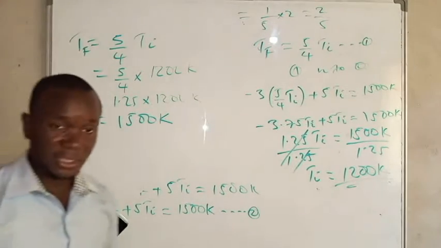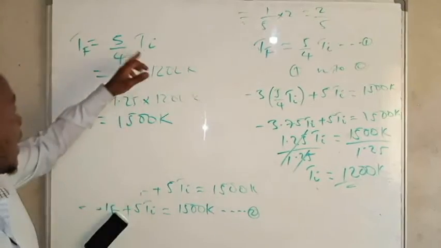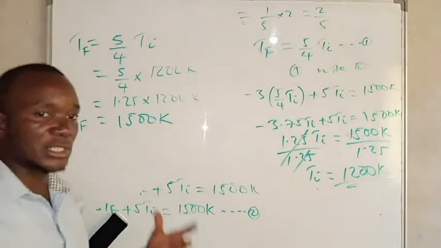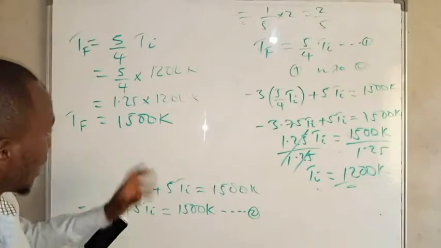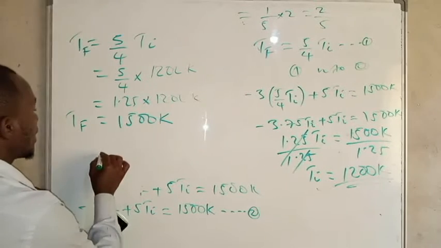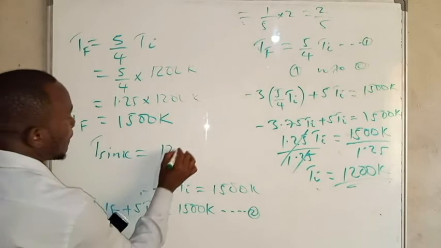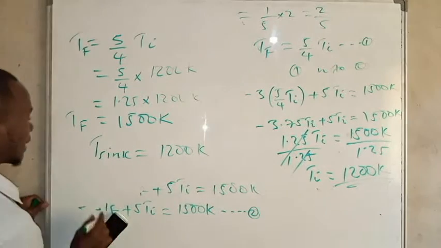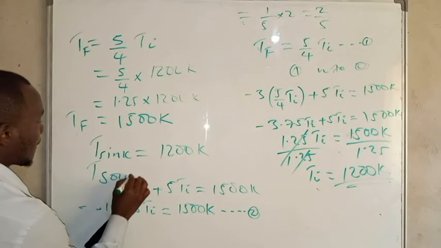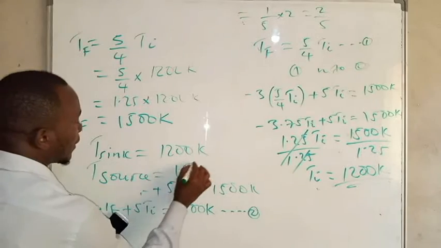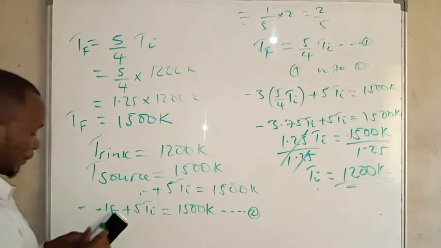From the assumption we made at first, Ti and Tf represent the temperature of the sink and the source respectively. So the T sink is equal to 1200 K, and the T source is 1500 K.